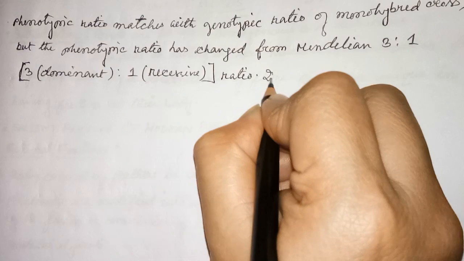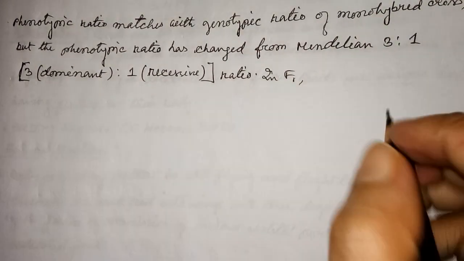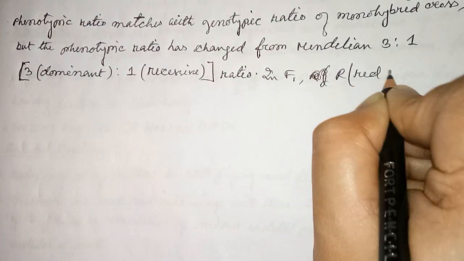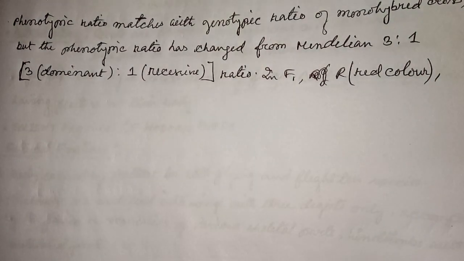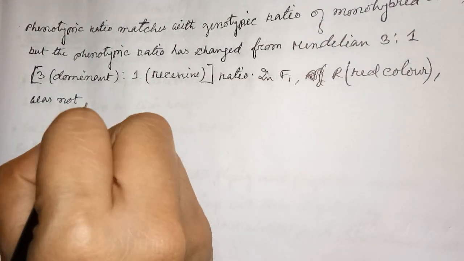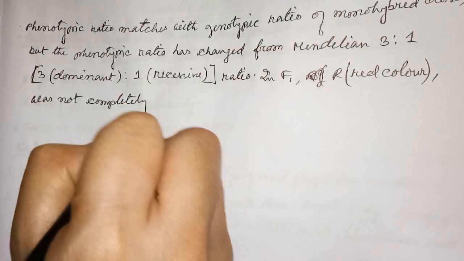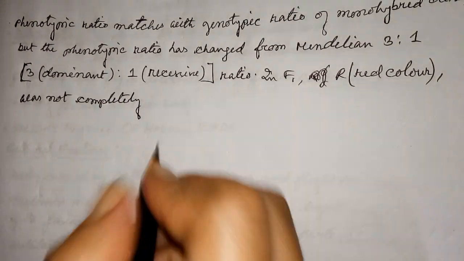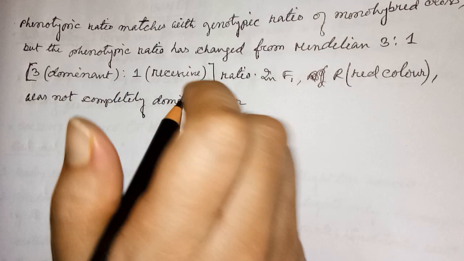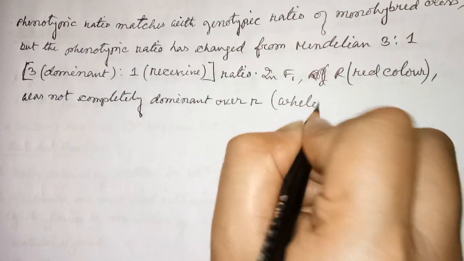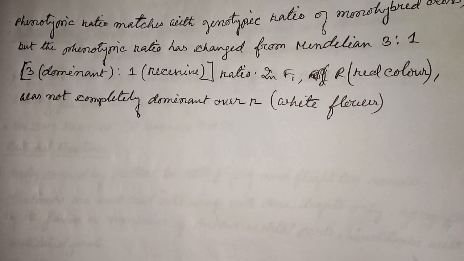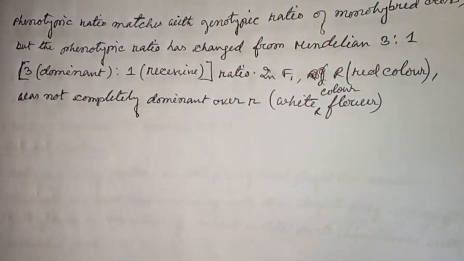In F1, that means R, red color, was not completely dominant over small r, which means white color flower.